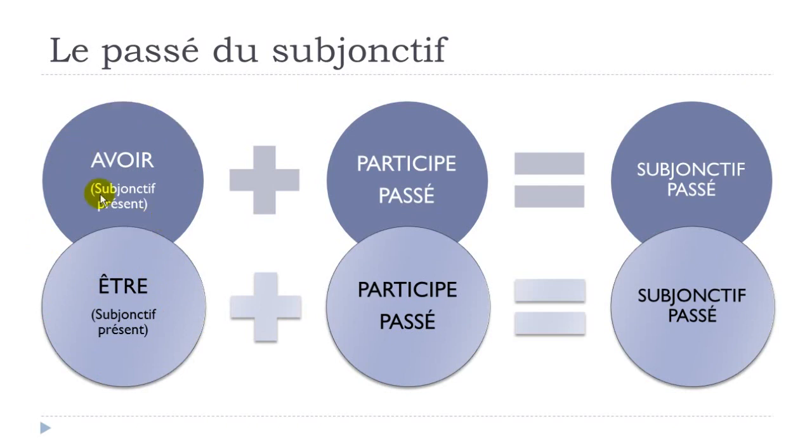So first, if you're not sure, you put avoir, okay? But then definitely you should know the conjugation of avoir at the subjunctive present form. Then you will put your participe passé, and you'll get your subjunctive passé.